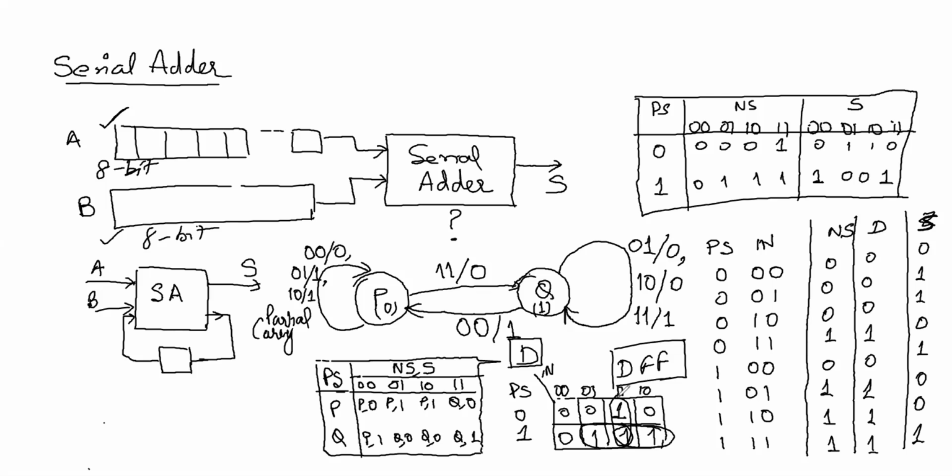So what I get is D is equal to, this is present state P dot B, that is, present state into B. This one is plus present state dot A, plus this is A dot B. Okay, and you will see this D is coming out to be something like the expression we used to have for carry.